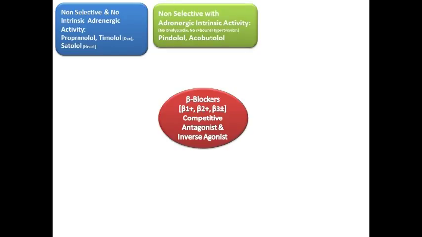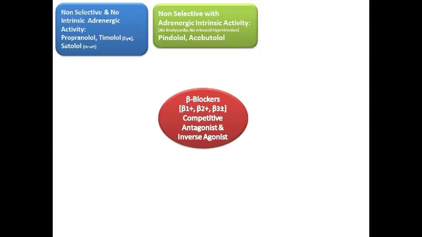The next class of drugs in this group are again non-selective, but here the change is that these drugs have intrinsic adrenergic or sympathomimetic activity. Now what do you mean by intrinsic activity? On one side they are blocking, but on the other side they are also weak agonists of a specific subtype of beta receptor.